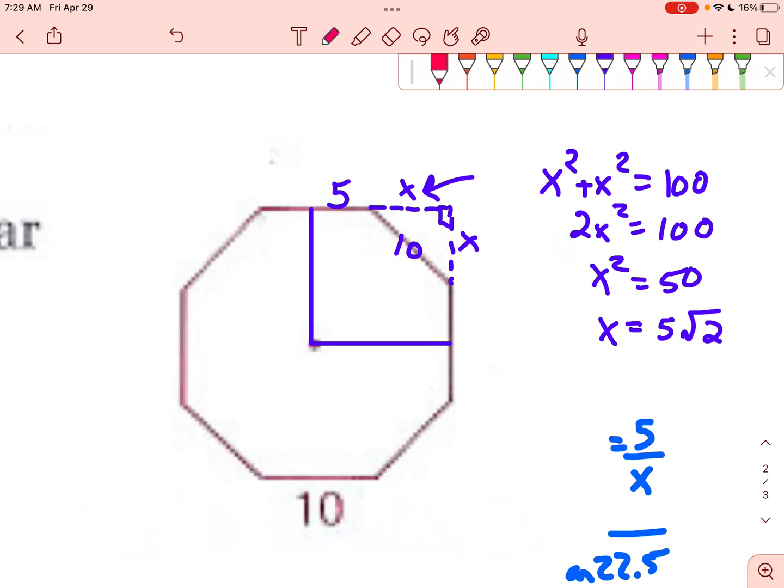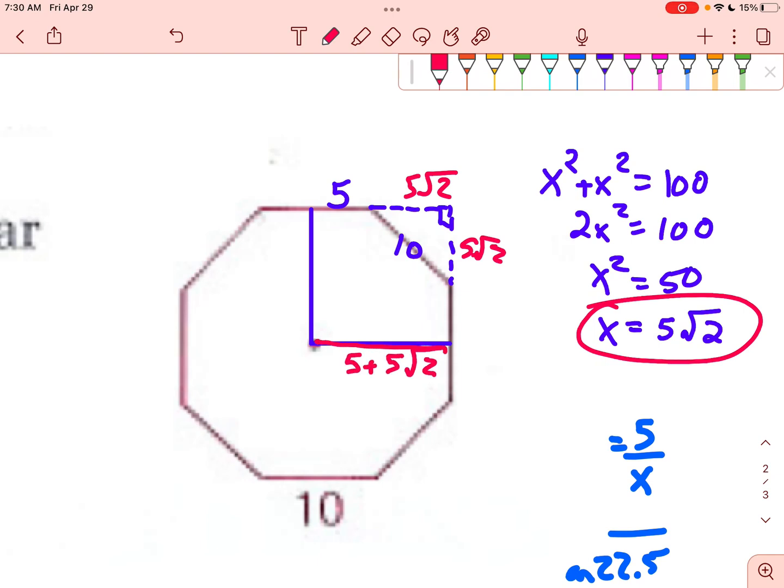So you can always do that with a 45, 45, 90. So this side ends up being 5 root 2 and 5 root 2, which means that the apothem right here is 5 plus 5 root 2. Now again, just a different way of doing it. If that makes more sense, stick with that. And there's plenty of others as well.